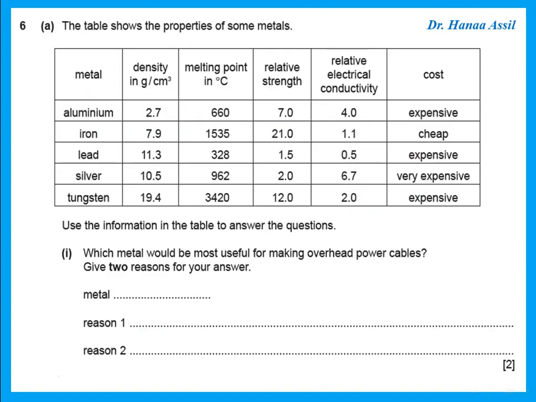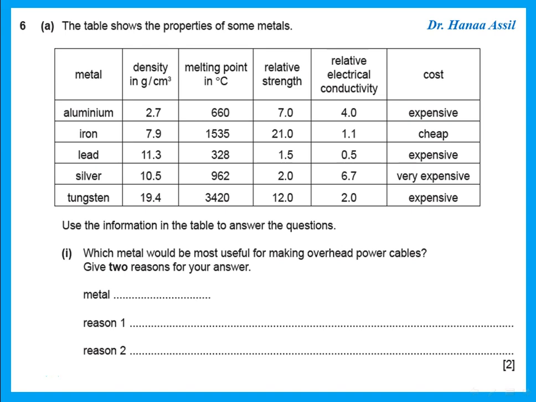The table shows the properties of some metals. Which metal would be most useful for making overhead power cables? So we look at the choices. What do I want in overhead power cables? First of all, I need it to have good electrical conductivity. That means I would choose something like aluminium or silver or tungsten. We're not going to choose silver because silver is very expensive.